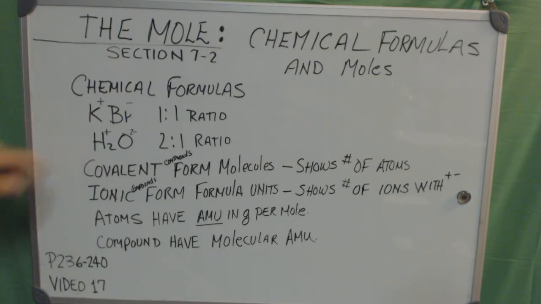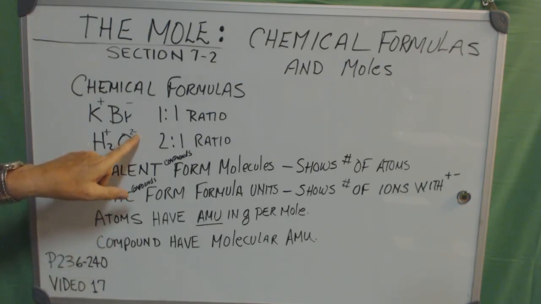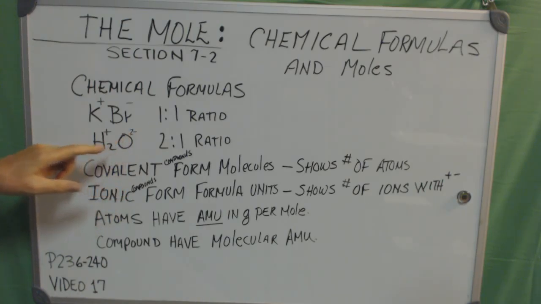And another formula that you're probably familiar with is H2O. H is a positive ion, and O is a 2 negative ion. And with the 2 negative ion, I'm going to need 2 of these positive ions in order to neutralize this and have a net neutral value.